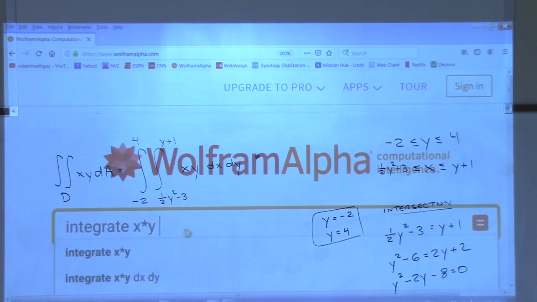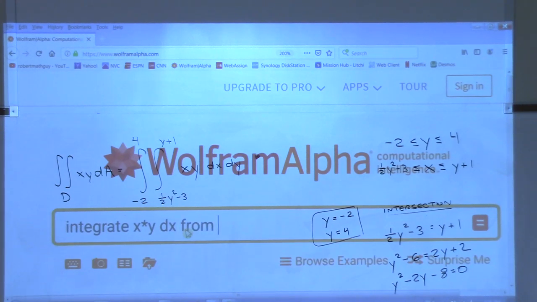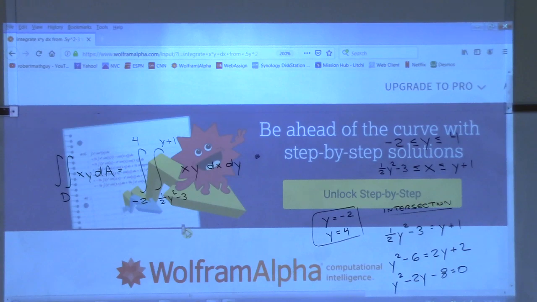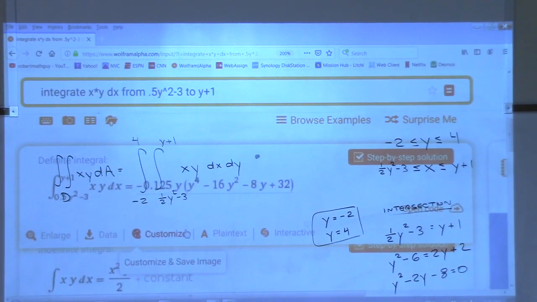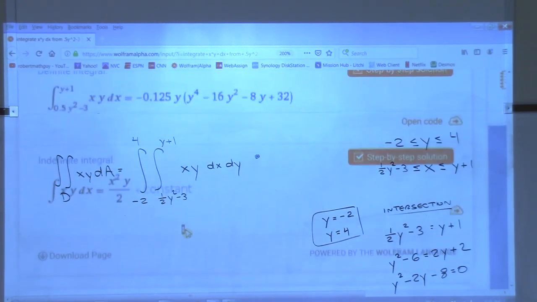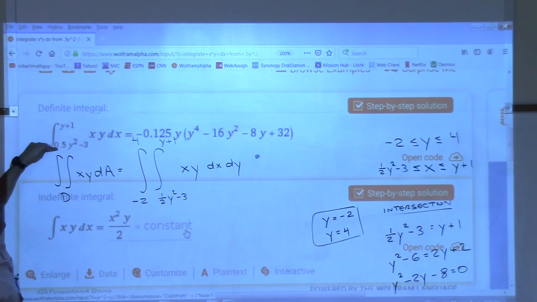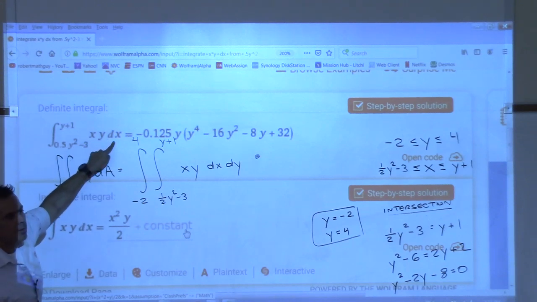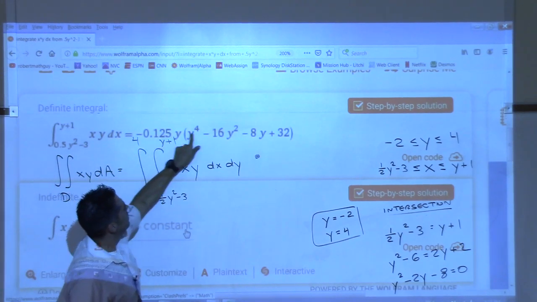Integrate this dx first, right? From, where are we going? 0.5y squared minus 3 to y plus 1. Let's see if it can interpret that. So I'm having it do the inner integral for me. That look like it? And it's giving me the answer right here, right?